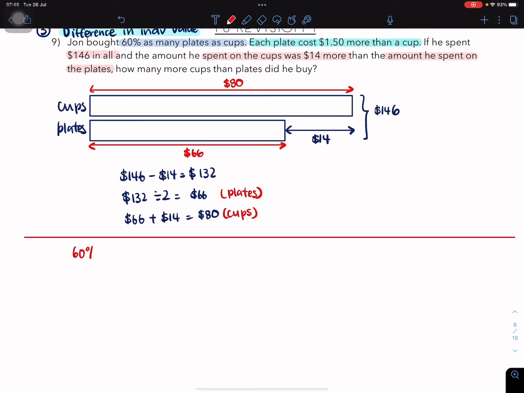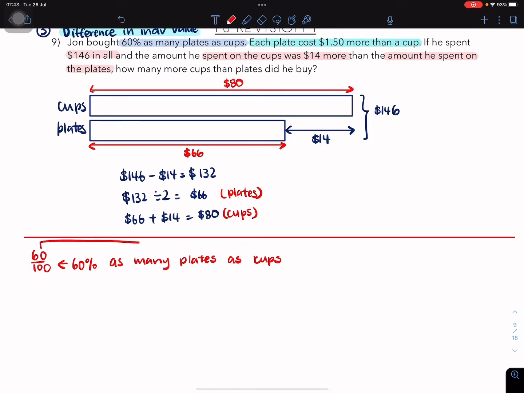Most of the time, the question will give you a fraction or a ratio. But do not worry, convert this into a fraction. 60% I can convert into 60 over 100.